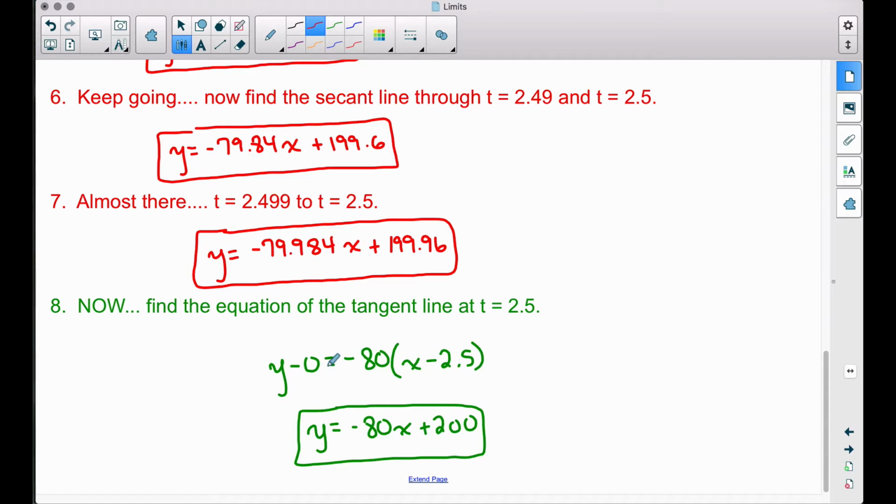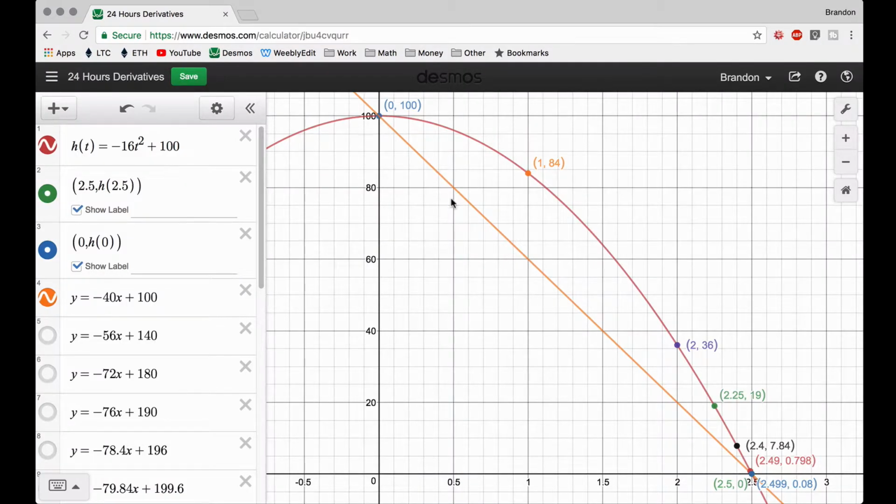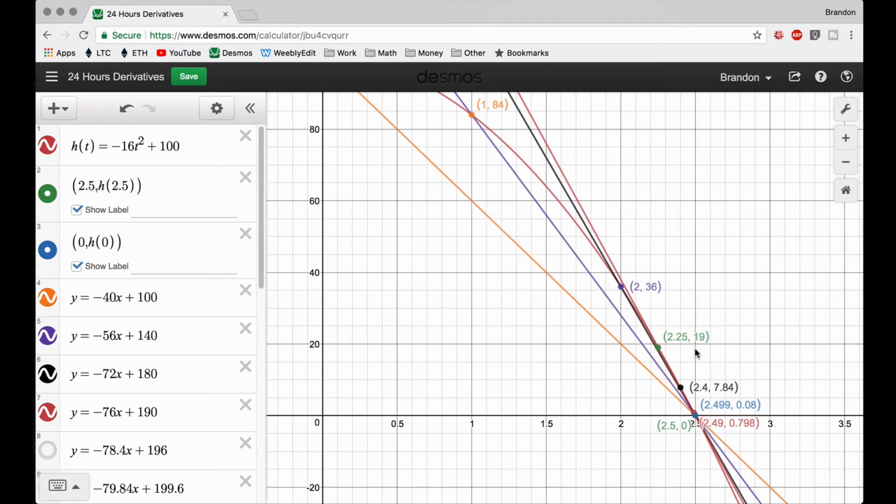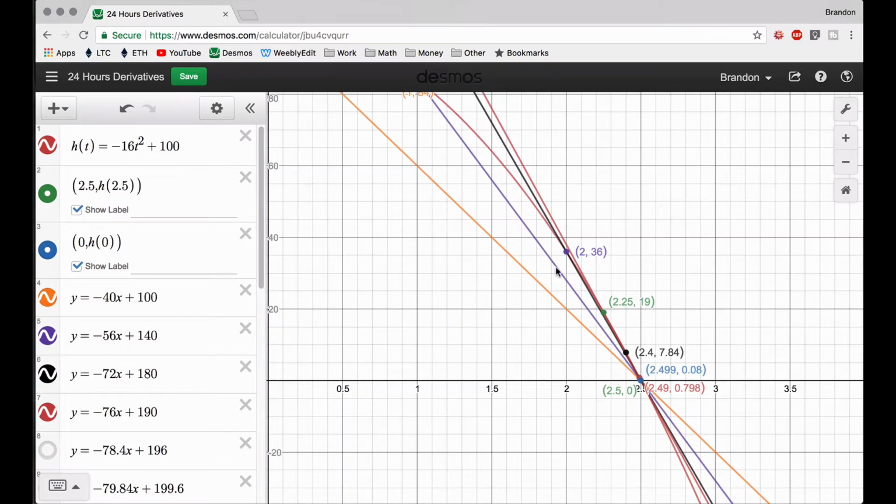Now let's go over to Desmos and look at this. So this orange one was that first secant line, that negative 40x plus 100. And then as I show some of these other lines here, I want you to notice that we had this one, the second one, question number 2. This is question number 3. This is question number 4. I hope as you see as I'm clicking on these, the slopes are starting to get more negative. And ultimately these lines are passing through 2 points on the curve.